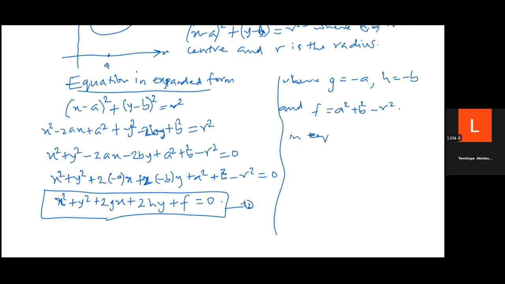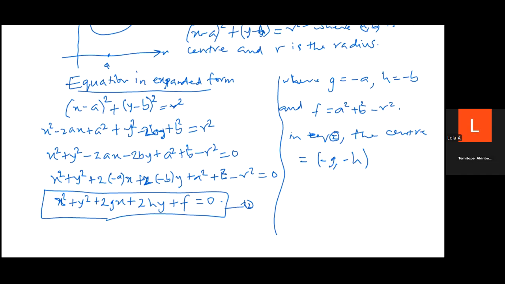Now, in this equation 2, the center of the circle equals minus g, comma minus h. Am I communicating? Yes, sir. Minus g, comma minus h. Why is it so? It follows from here. We have said g equals minus a and h equals minus b.